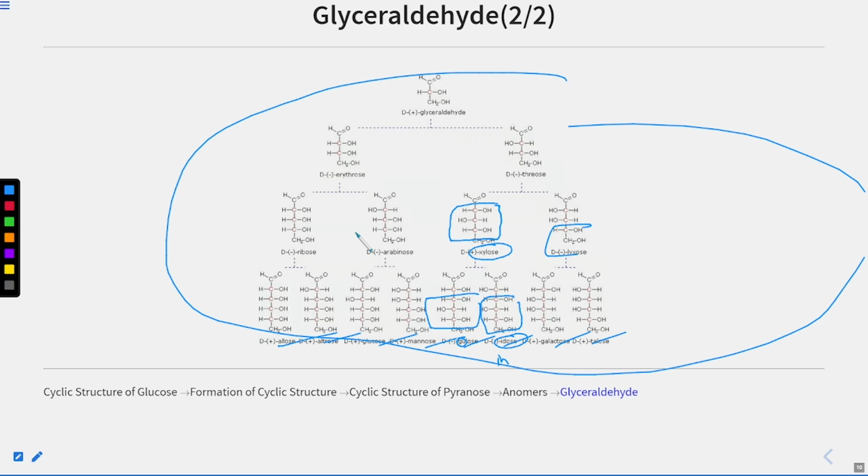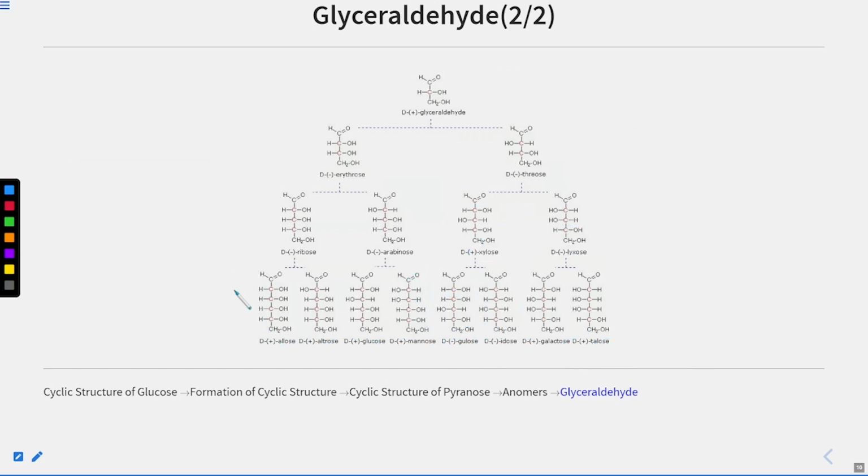Now when we move to our next topic, that is ketose, we will track this again. In ketose, if you remember, the carbonyl group is present on the second carbon atom. Now let me frame a question for you.